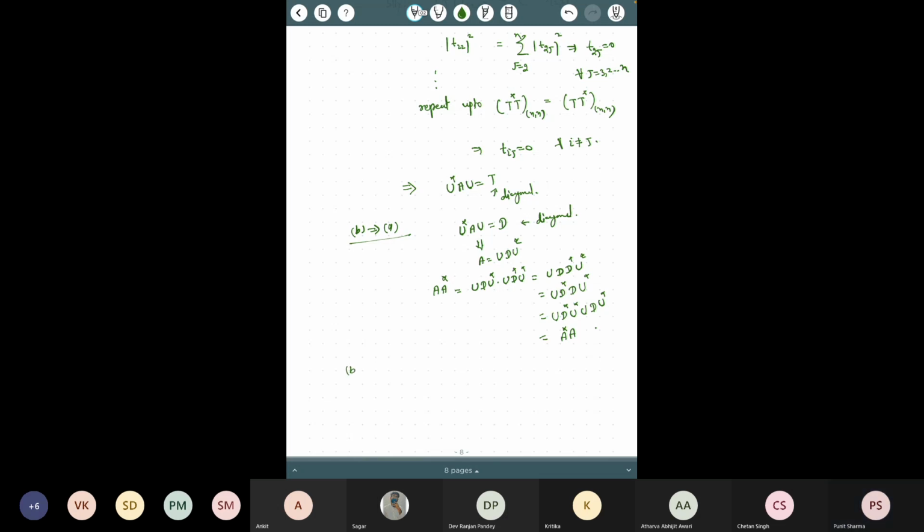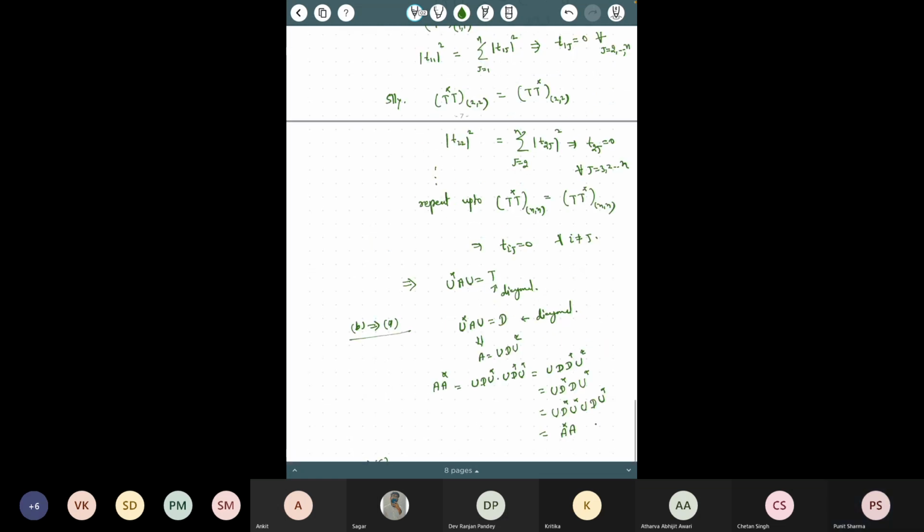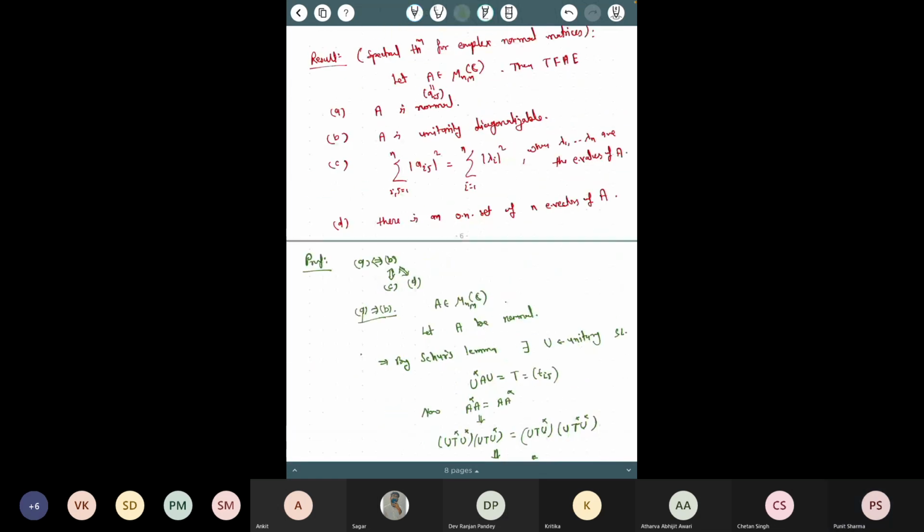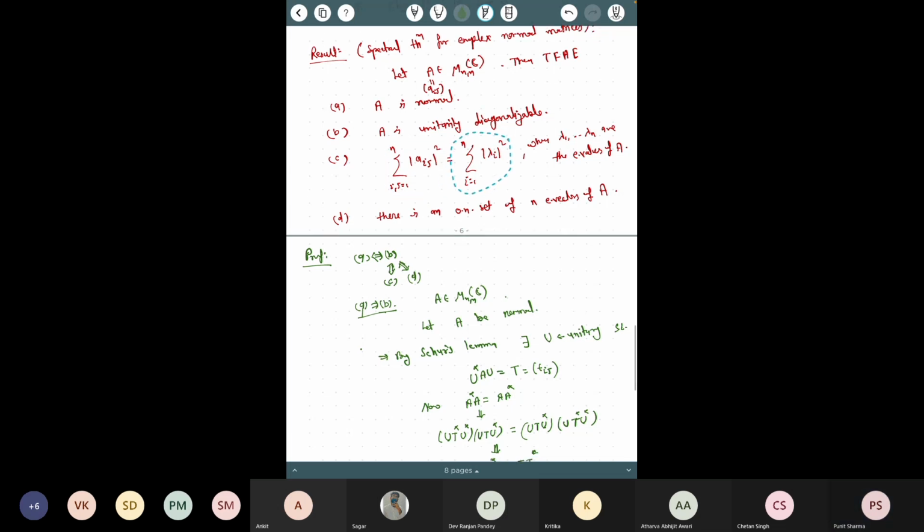Now we show B implies C. So what is B? B is A is unitarily diagonalizable. Now we have to show that this sum, the square of the Frobenius norm of A, is equal to the sum of the squares of the eigenvalues in modulus.